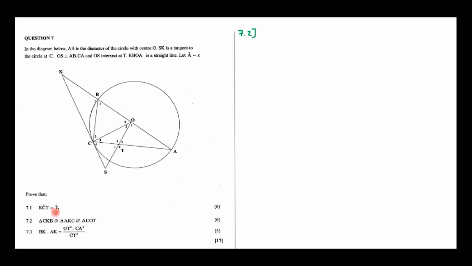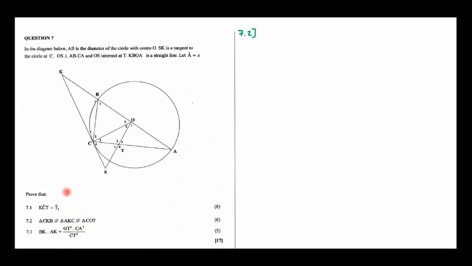So what is the hint? The hint there is that if you're given it in this order, they know that angle C of CKB is equal to angle A of AKC is equal to angle C of COT. This K is equal to that K and that K, and this B is equal to that C and equal to that T. But I just want you to actually show them, right?